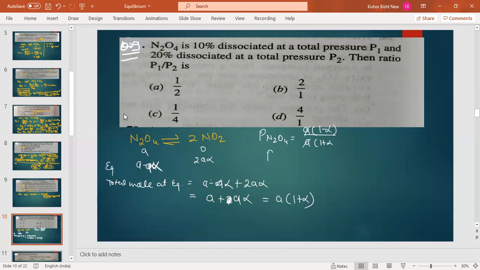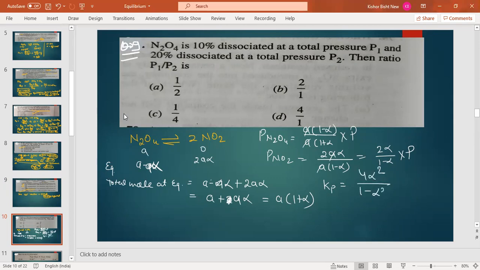Similarly, P of NO2 is equal to 2A alpha upon A into 1 plus alpha, A and A cancel, then 2 alpha upon 1 plus alpha. This is the pressure, and then you multiply by total pressure P also. Clear? So then Kp you will get directly as 4 alpha square upon 1 minus alpha square into P.